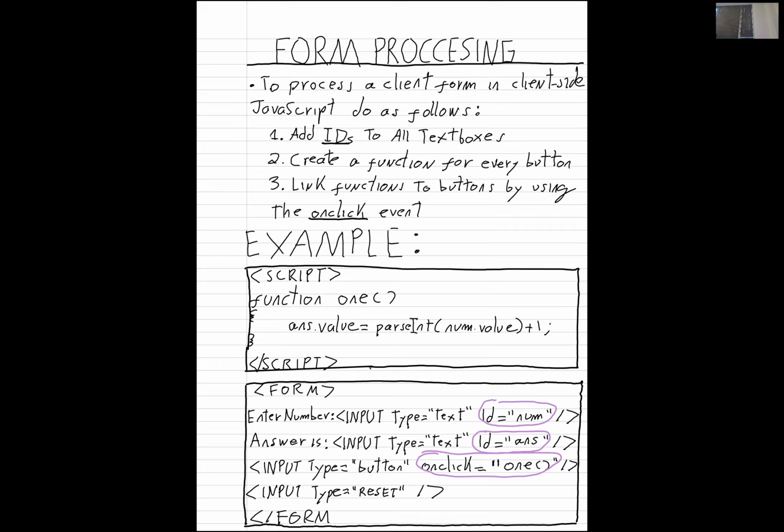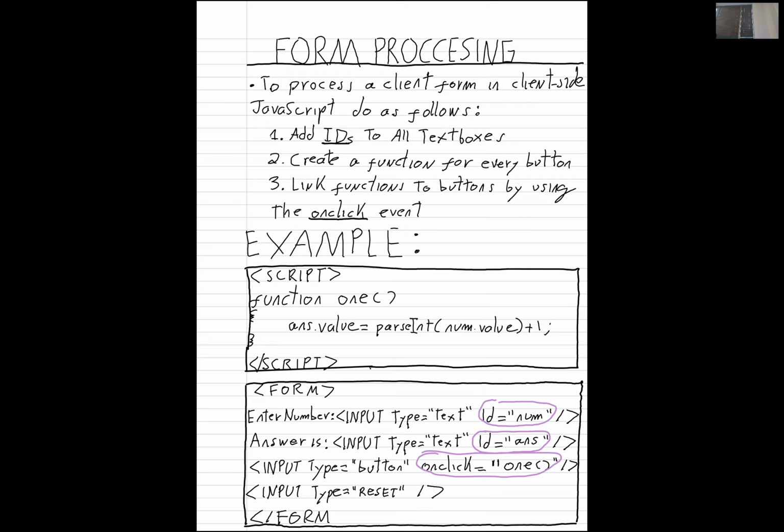And I guess the last thing is whenever you want to access or change the value of the text box, you have to use this value attribute. If the ID of the text box is ANS like it is here, you would use ANS.value, not ANS. The ANS is the entire object. You need to define what in the object you want.